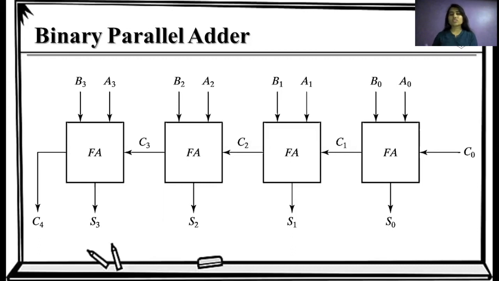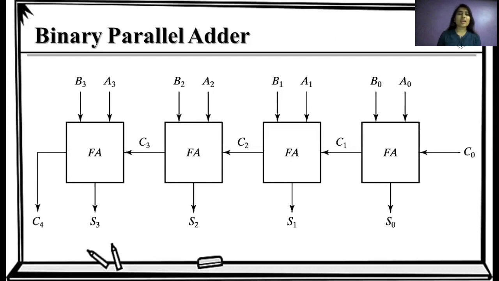Then the carry of this bit is forwarded to the next step, or say next addition. So here we perform A1 plus B1 plus C1. C1 is the previous carry from the previous stage addition. So using this addition, we have S1 bit and C2 bit. Again, this C2 is a carry resulting from the previous stage.